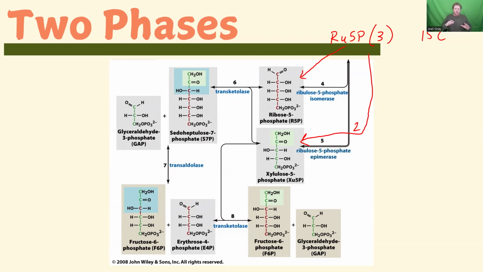I'm going to be walking through some of these steps, but what I want you to know for your priority knowledge for the second phase, our non-ox phase, is that basically what you're doing is you're isomerizing and you are making glycolysis intermediates.